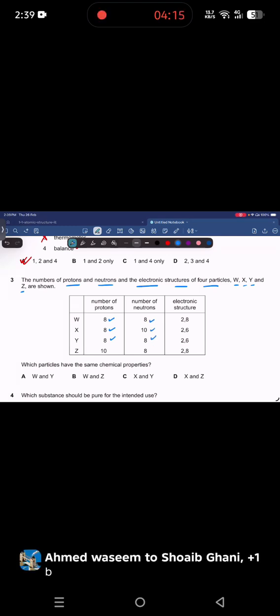The numbers of protons and neutrons and the electronic structures of four particles W, X, Y, and Z are given to you. So the proton numbers are the same and their neutron numbers are different here. The electronic configuration is 2, 8, 2, 6, and 2, 6.